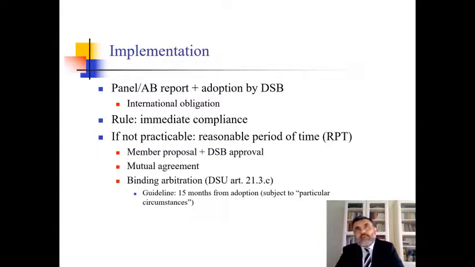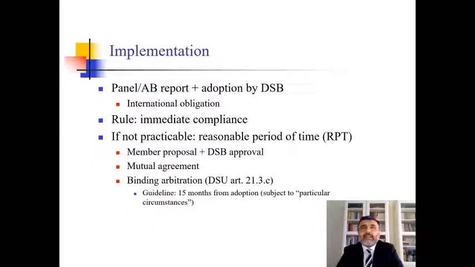Now, what you should know as a matter of law is that as of the moment of adoption by the DSB, the findings in the panel report become international law obligations for the respondent. In other words, the respondent then comes under an obligation to do the necessary to comply with the findings and recommendations found in the panel report.